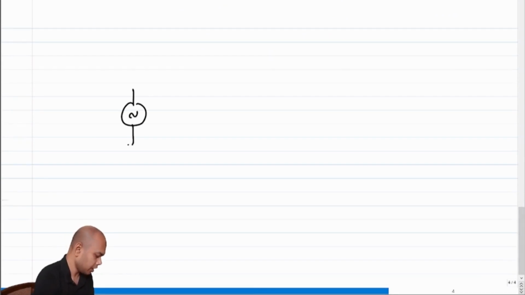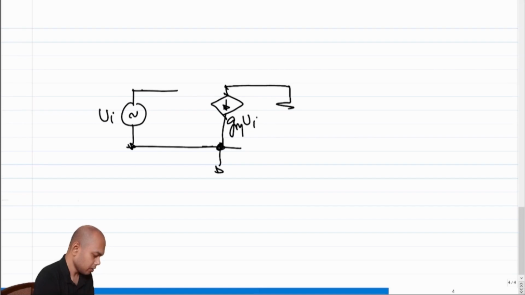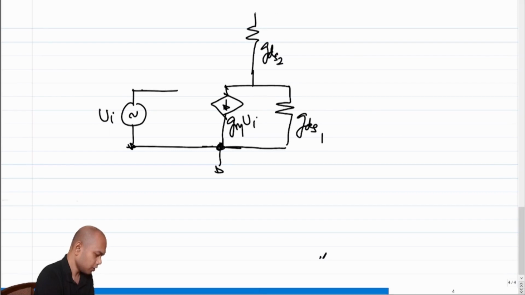We have this Vi, and this is GM1 times Vi. This is GDS1, and we have GDS2, right?